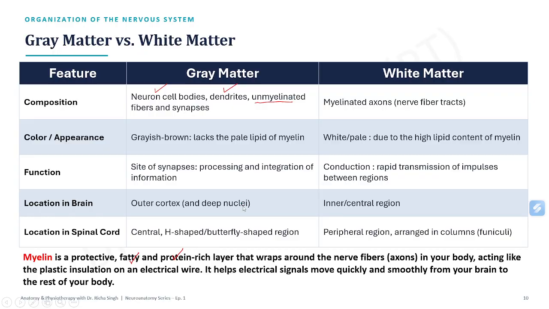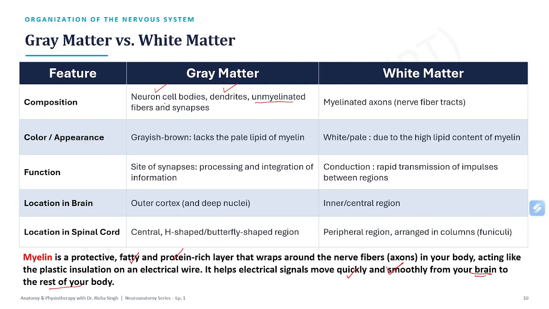In the neuron, myelin wraps around the nerve fibers to increase the conduction speed of the neuron. It increases the speed of the electrical signal to reach from one neuron to the other, which is why it helps electrical signals move quickly and smoothly from your brain to the rest of the body.